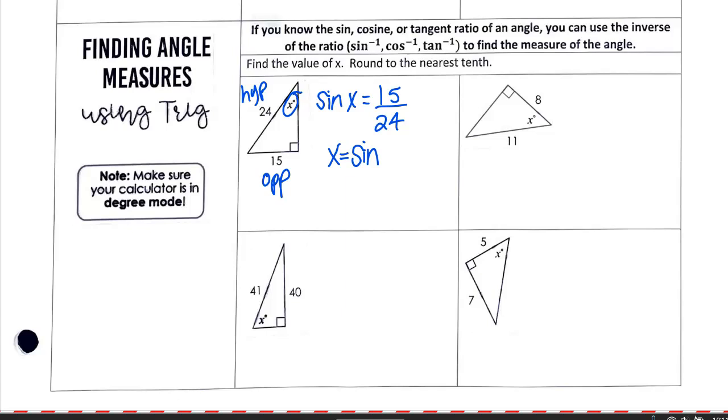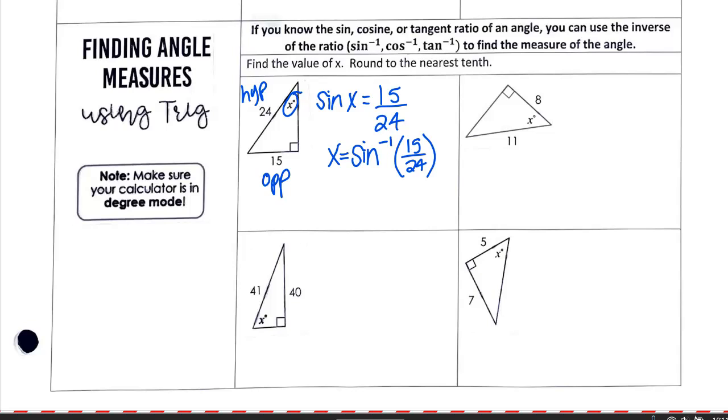So you're going to write this sine, this -1, and then 15 over 24. This is how you show your work. This is important. If you type it into your calculator wrong and you didn't show this step, you will get the whole problem wrong. So please don't skip steps. Write out exactly what you're typing in your calculator.